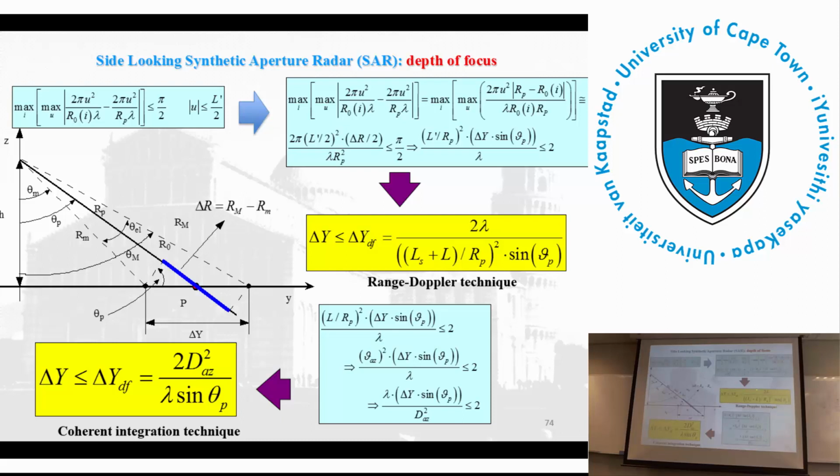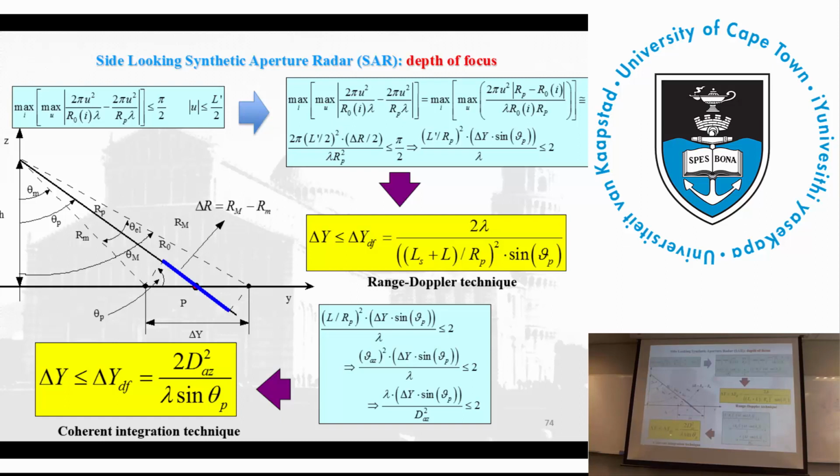And that is for the range Doppler technique. So that means that now my depth of focus can be calculated based on these system parameters here. So now I can figure out how big this can be. Then we'll do some examples with numbers and get a grasp of how much they can be.